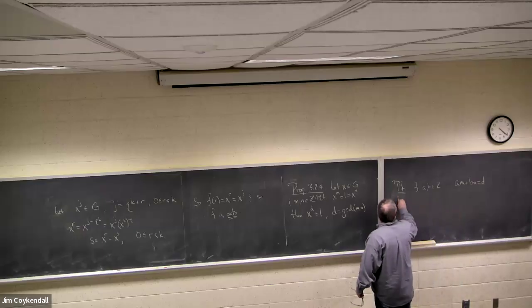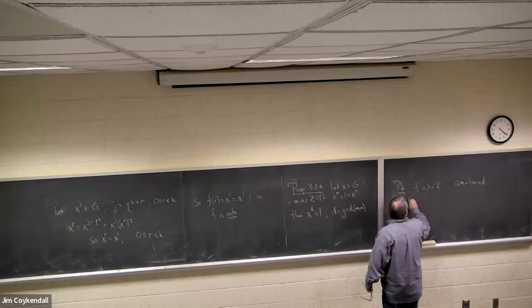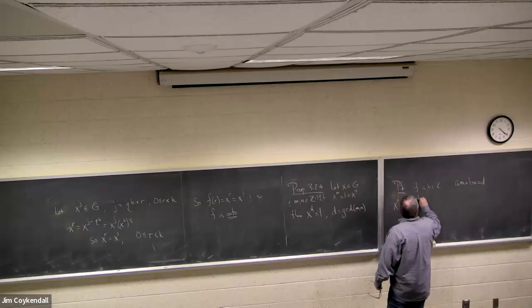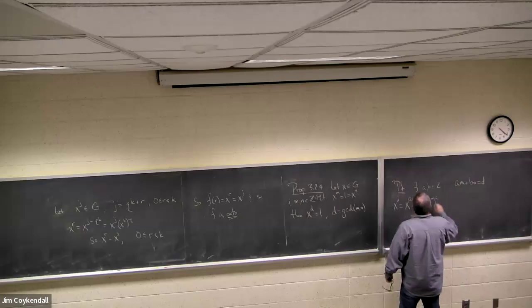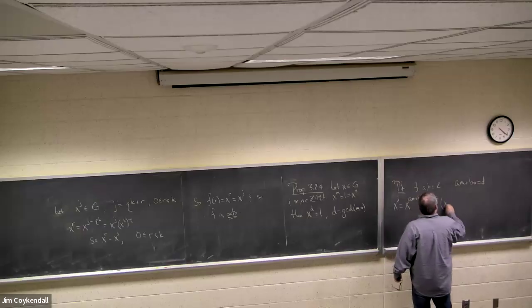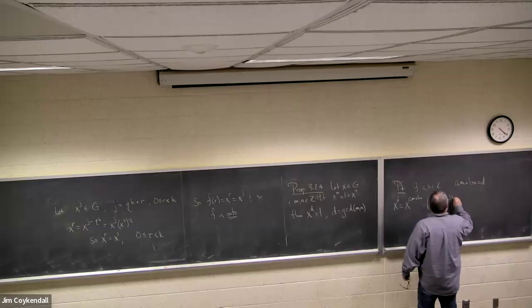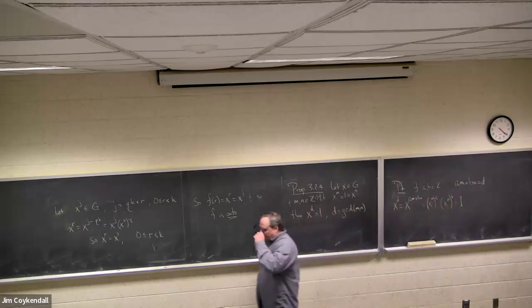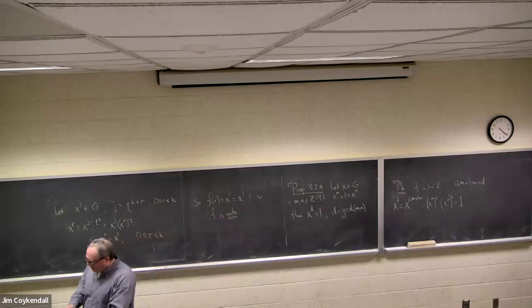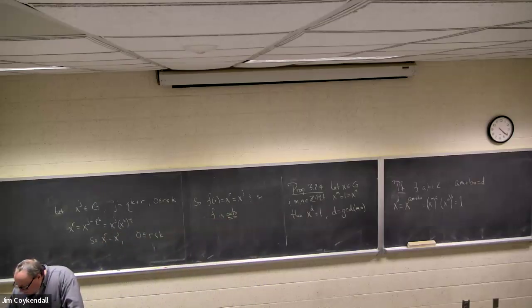So x to the d is x to the am plus bn, which is x to the m to the a times x to the n to the b, which is 1. And there you go. X to the greatest common divisor power does exactly what you want it to do.